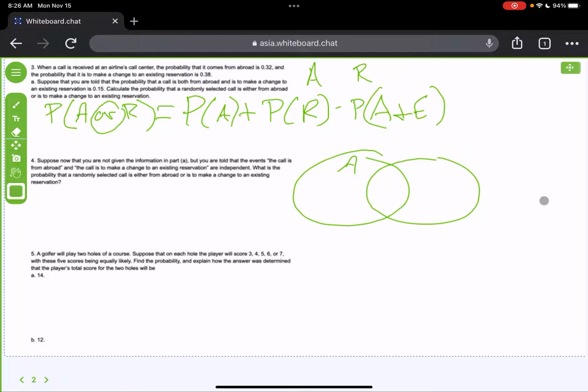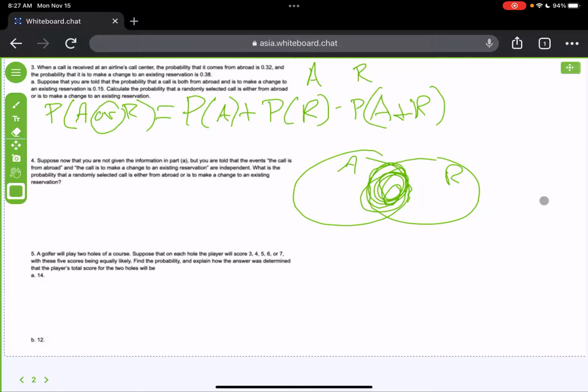If this is A and this is R, we're going to take A plus R, but then we've got to subtract this portion, because we're looking for A or R. So you need to subtract that from 0.32.